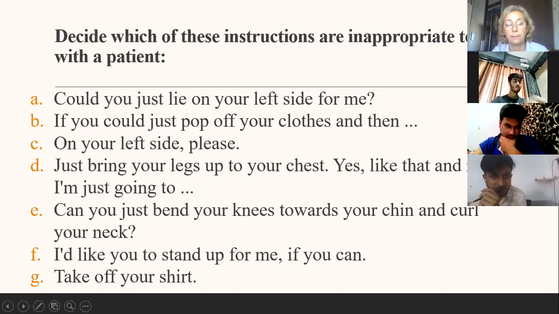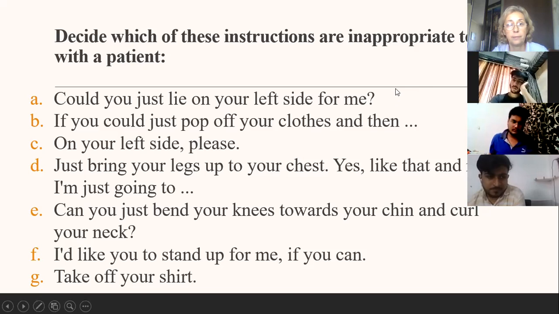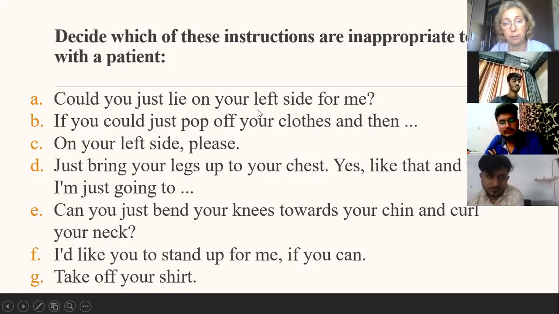The first slide here. Read it, please. "Could you just lie on your left side for me?" Is this phrase appropriate or inappropriate when we talk to a patient? It's appropriate, of course, because it's rather polite: could you, just, and for me.